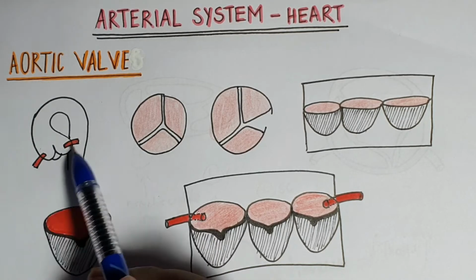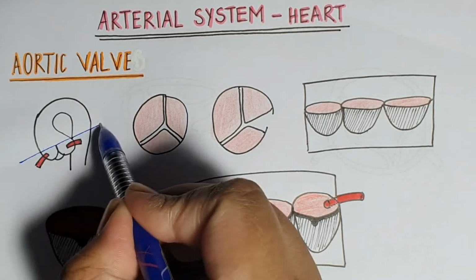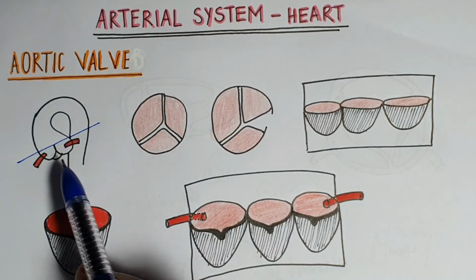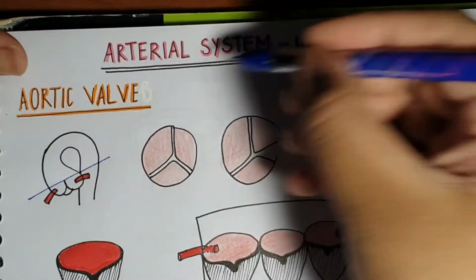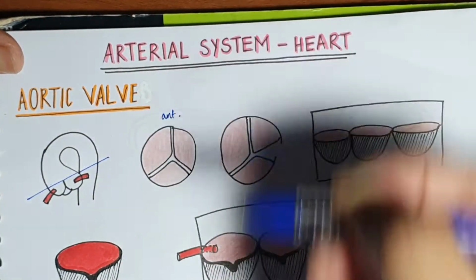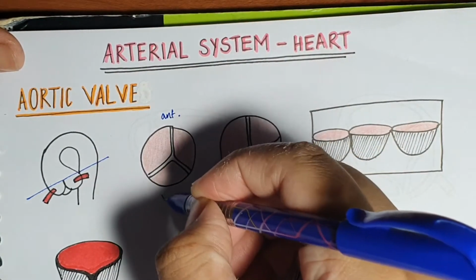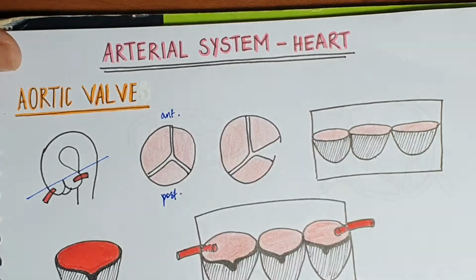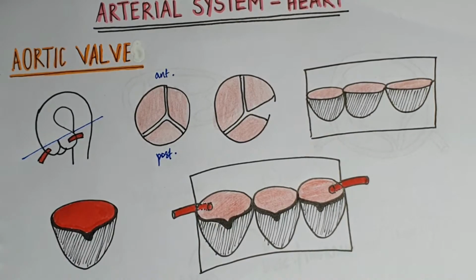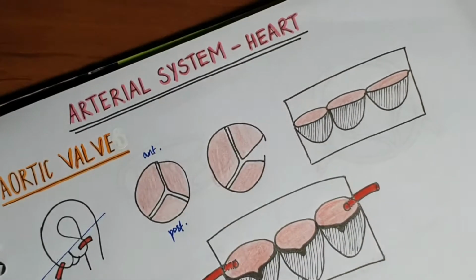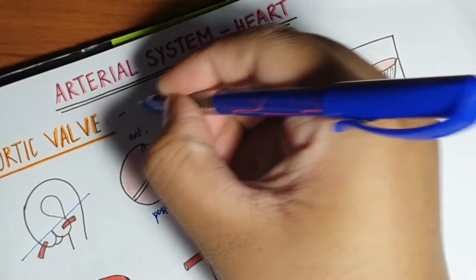Now let's take a cross section at this plane. And if we view this from the top, from a superior view, and assume that this is the anterior and this is posterior, this is a cross section of the aortic valve. Now the aortic valve is a tricuspid valve.